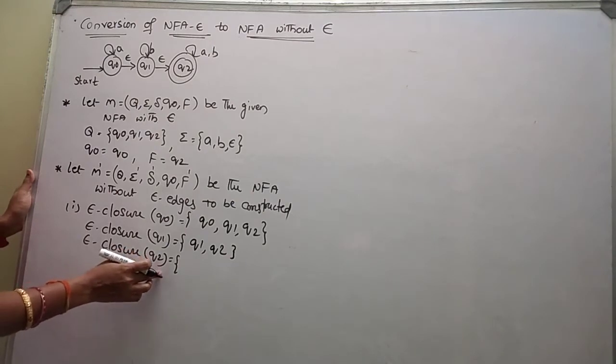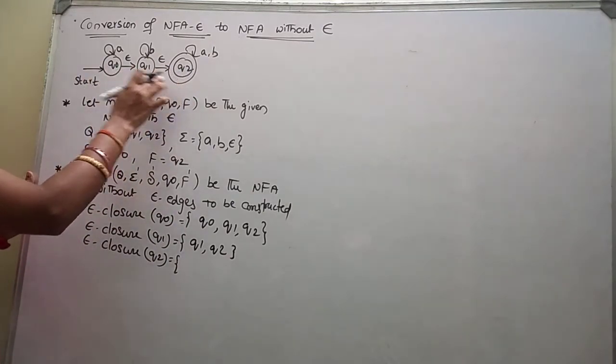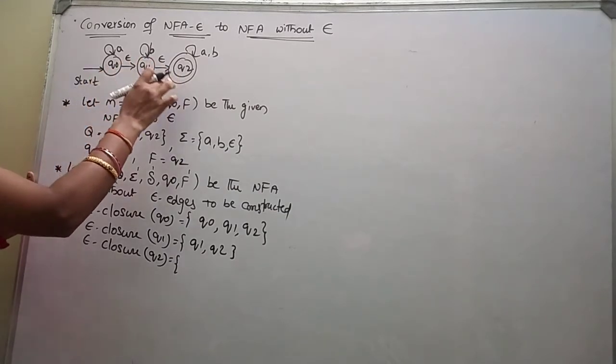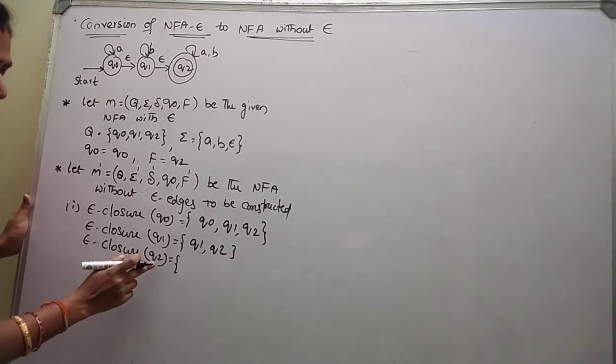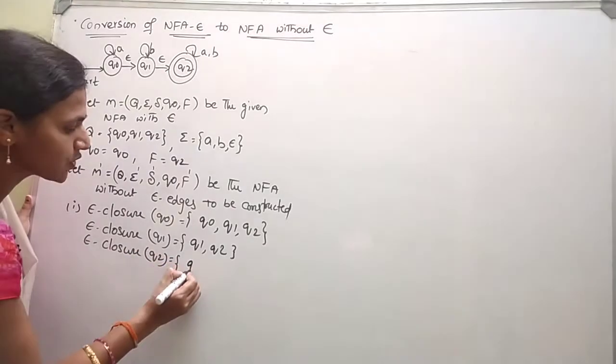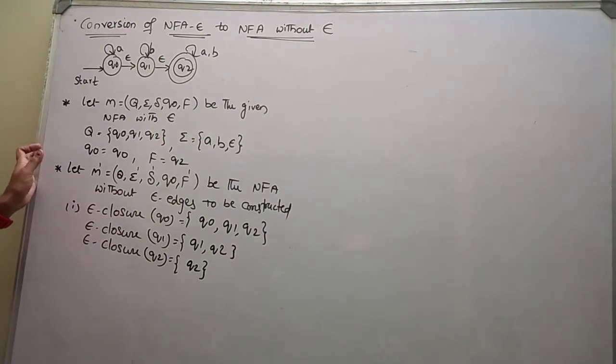Now go for the epsilon closure of q2. Do we have any transitions from state q2 to other states by taking input symbol epsilon? No, we don't. That means the state itself is considered the closure of q2. Right?